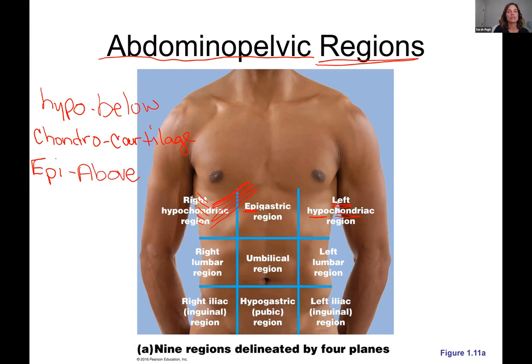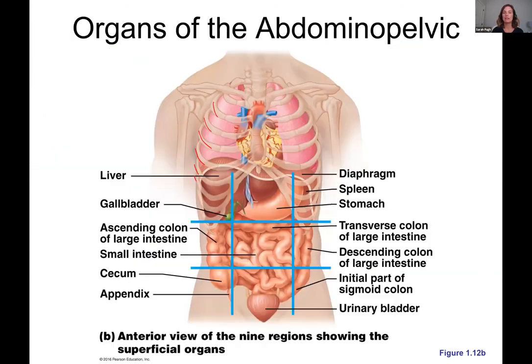How about gastric? I know you know what that means. Stomach. Yes, ma'am, the stomach. So epigastric literally means above the stomach. So again, let's go to this picture here where we can see the organs underneath, and here is the stomach. So this is the region that is right on top of the stomach.